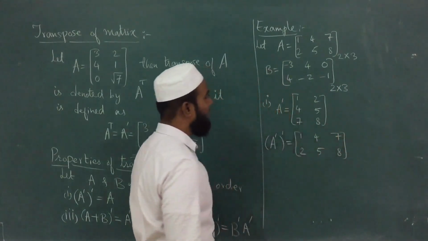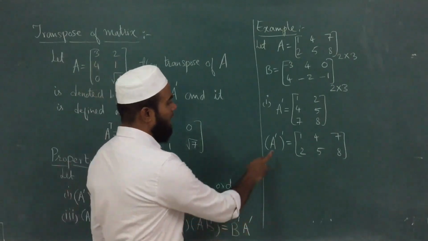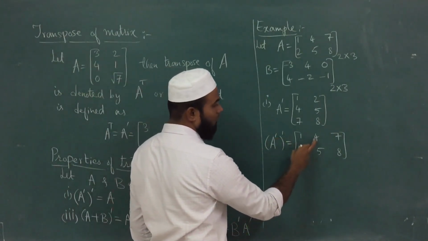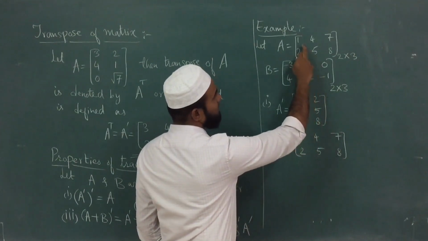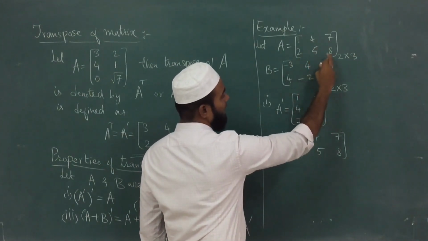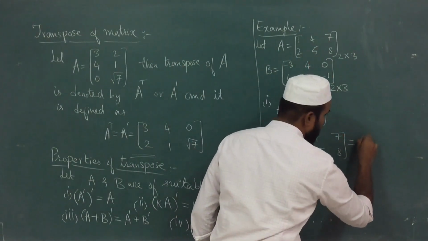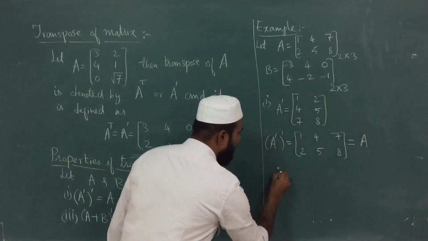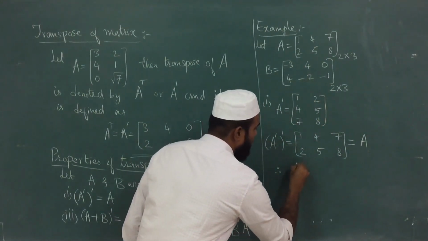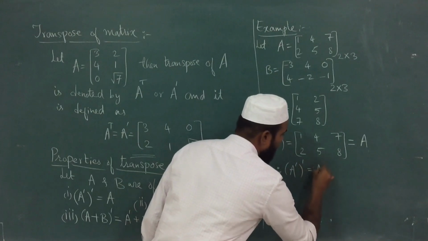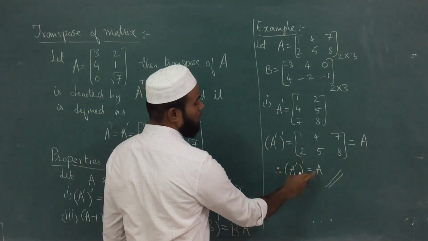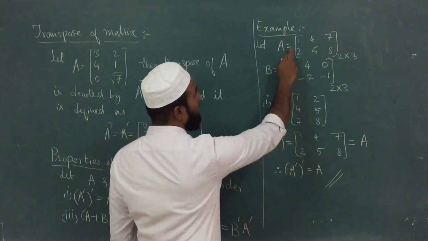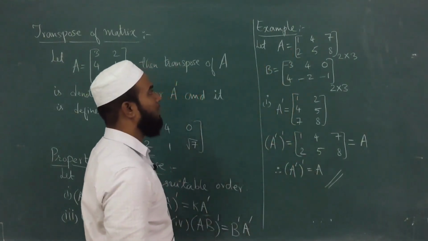So A transpose whole transpose is 1 4 7, 2 5 8. You observe the matrix A, it is also 1 4 7, 2 5 8. So this is nothing but A only. Therefore what we have proved is A transpose whole transpose equal to A. We have verified this property by using this specific example, right?